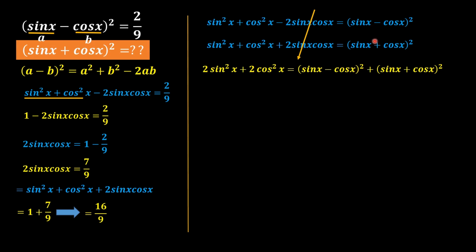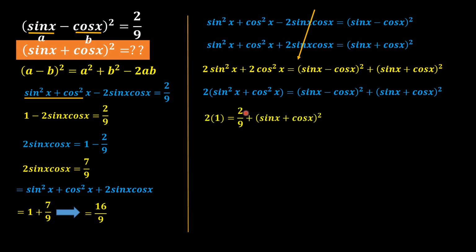Now in the next step we take 2 as a common factor, and sin square x plus cos square x will be the remainder. The other part of the equation will remain the same.